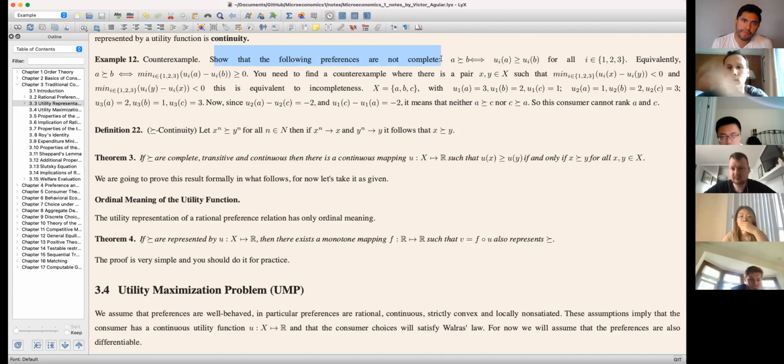No, this is a type of question that is a format: show that something doesn't hold. So you just go to the definition. Completeness, as I told you in the previous class, is defined through a universal statement. For every pair of alternatives in a choice set, I have to be able to rank A above B or B above A. That's a universal quantifier.